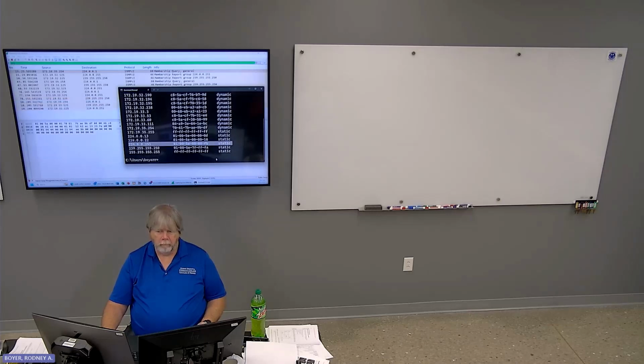You can use Wireshark to confirm and make sure that you got your numbers right. So you can use Wireshark and the command prompt to double check the numbers. Yeah, that's neat.